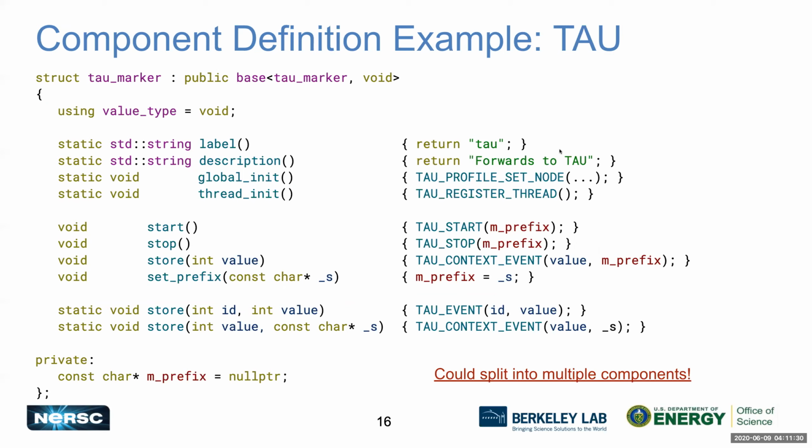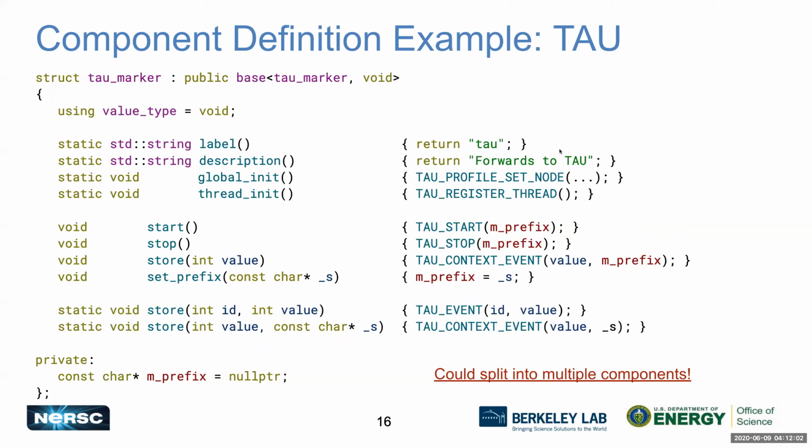For example, here is what a TAU marker component definition looks like. And if you take a look here, there's not too much to worry about as far as compatibility goes. There's no Timemory defined type that they are using. They look like just regular functions taking standard C and C++ values and returning regular C and C++ values.